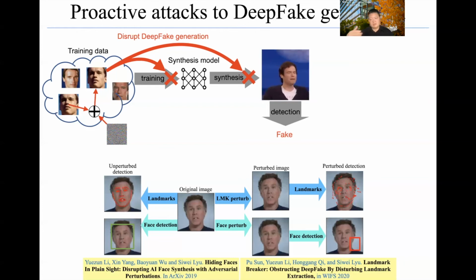So this just started another cycle similar to generation and detection, where there's another arms race here. So I think in the future, we expect to see more developments in these directions.